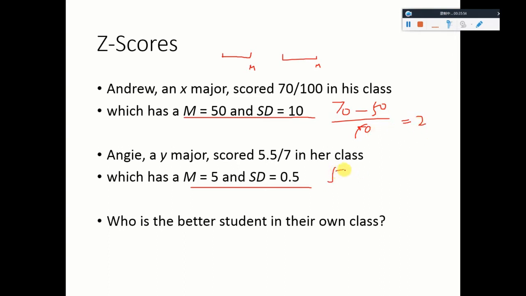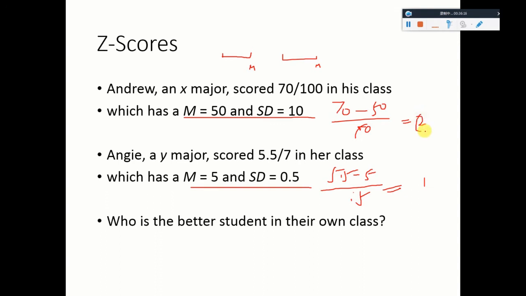What about Angie? That's Angie's score, that's Angie's class mean, that's her standard deviation. So 5.5 minus 5, that's 0.5. 0.5 divided by 0.5, that's exactly 1.